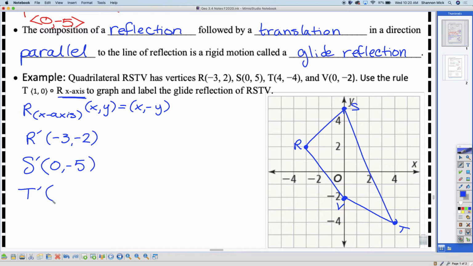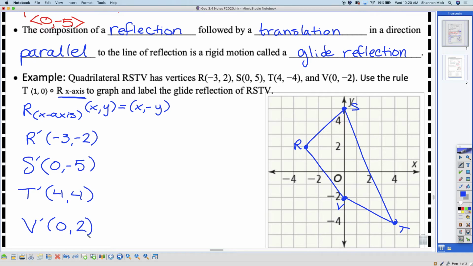Tyson. 4, -4. 4 is right, but what's my rule say? 4, because I have a negative, and a negative times a negative is a positive. Okay? Nicole? 0, 2.